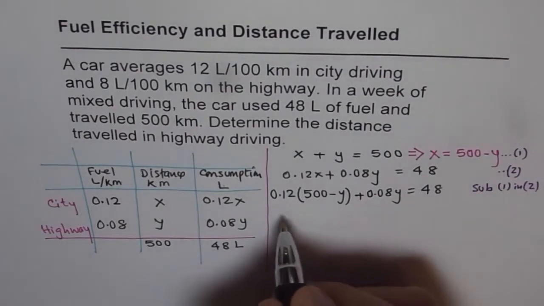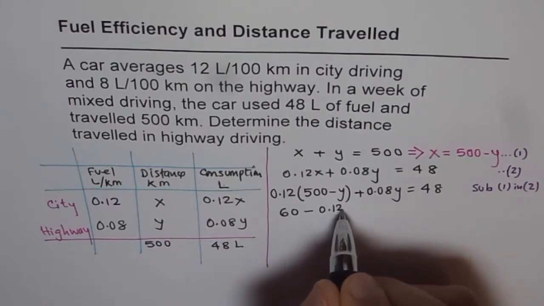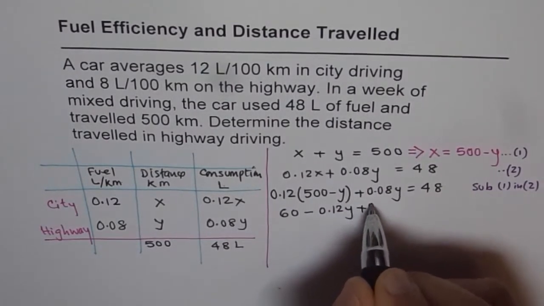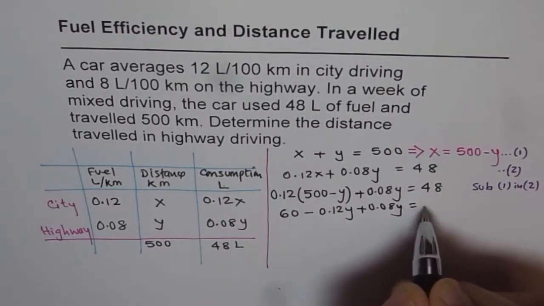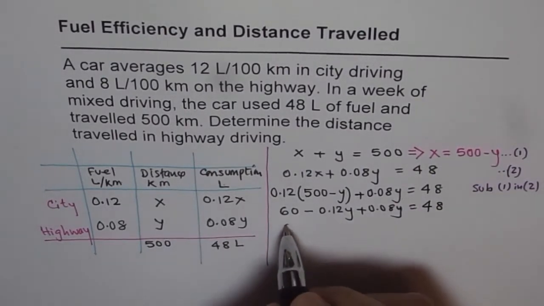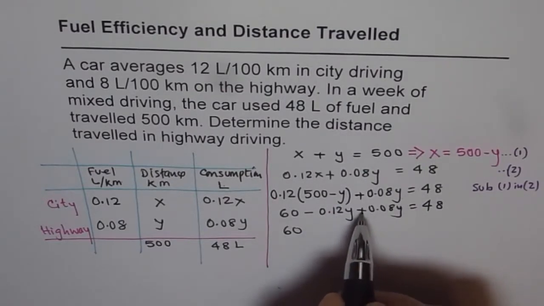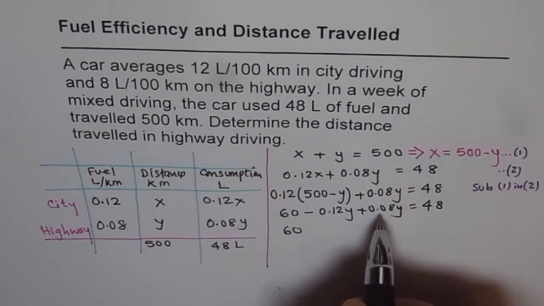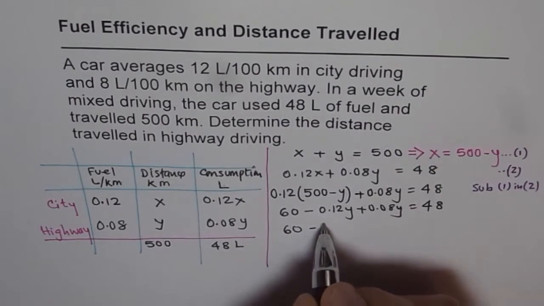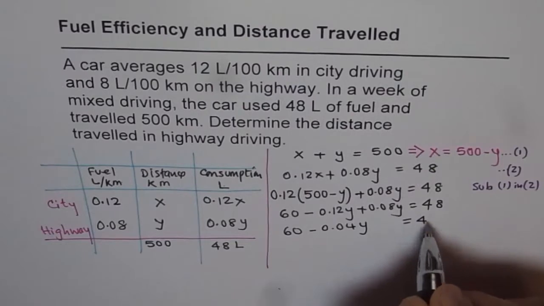Applying the distributive property, you get 60 minus 0.12y plus 0.08y equals 48. Now when you do minus 0.12 plus 0.08, you get minus 0.04y equals 48.